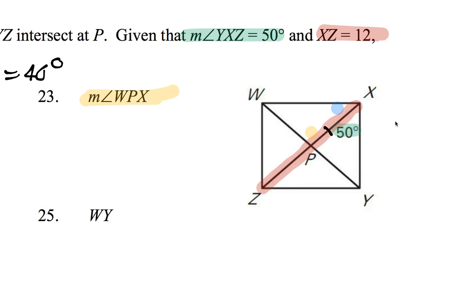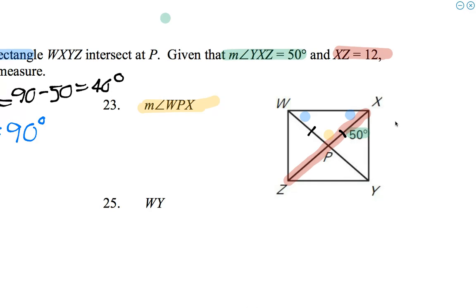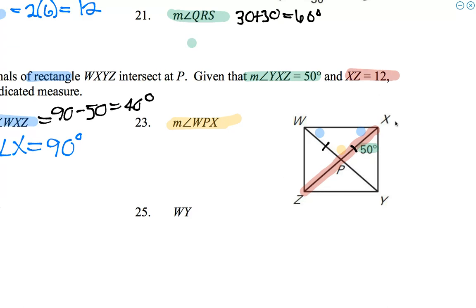So this is going to be congruent to this, which means that's an isosceles triangle. So that means those are both 40. And they have to add up to 180.